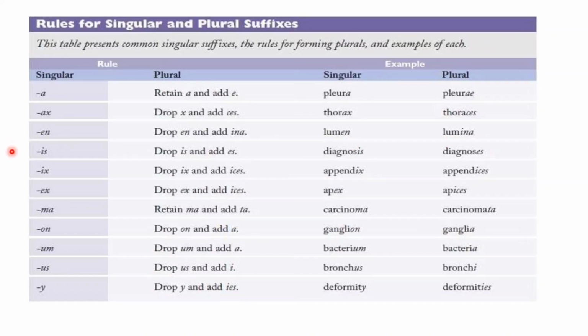Another example: if the singular suffix is -is, then drop is and add es. For example, singular diagnosis and the plural will be diagnoses. Another example is -ix: in the plural, drop ix and add -ices.